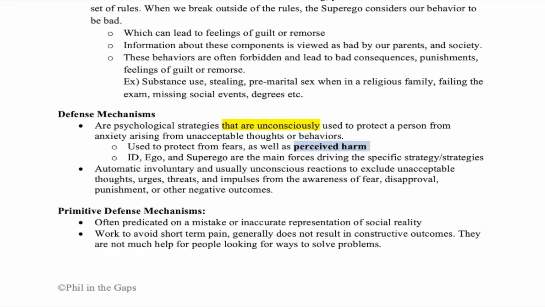Key emphasis on perceived harm, because somebody does not actually have to be harmed at a given moment for their mind to start trying to protect it in some way, shape, or form. So it can not just be based on fears, but things that the mind thinks are going to come up.